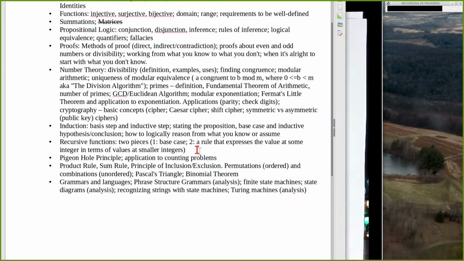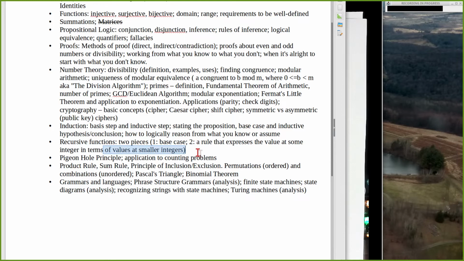Well, if you tell me what I can hold in a bag of capacity 8 and 7 and 3 and 2 pounds, I can combine those answers and tell you how much I can put in a bag that holds 10 pounds. So in a recursive function, we express the value at some point in terms of values at smaller arguments, smaller integers, and we combine those.